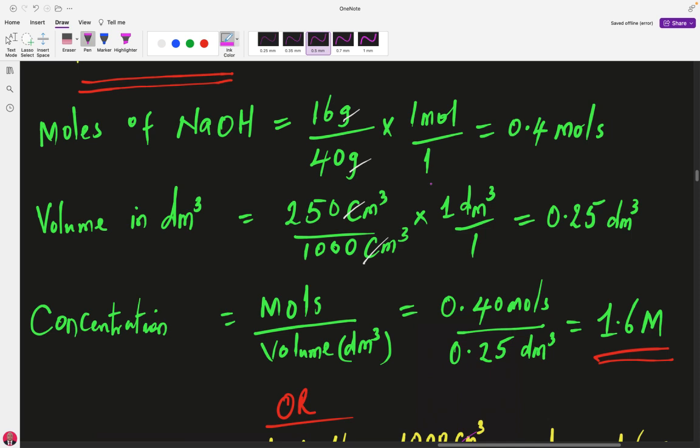Now, calculating the concentration, this is the formula for concentration. You could write it in this way.